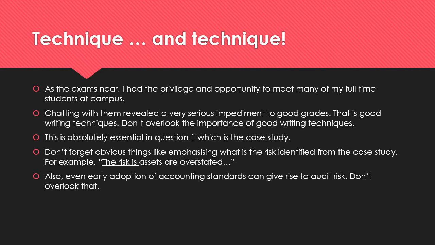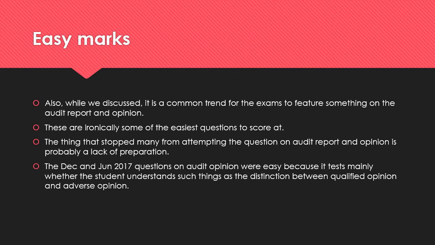You know, and not forgetting, even early adoption of accounting standards do give rise to audit risk. Don't overlook that. So risk doesn't always come from the nature of business. It can arise from adopting the accounting standards for the first time. These can give rise to audit risk. All right, easy marks.